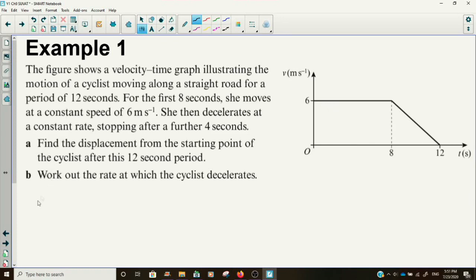It's only when the graph lies partly below the t-axis that you'd get a difference between the distance travelled and the displacement. So let's just work out the total area under the graph. That's going to give us our distance travelled and consequently the displacement as well. So we've got a rectangle and a triangle, and we're just going to work out the areas of those two and add them together.